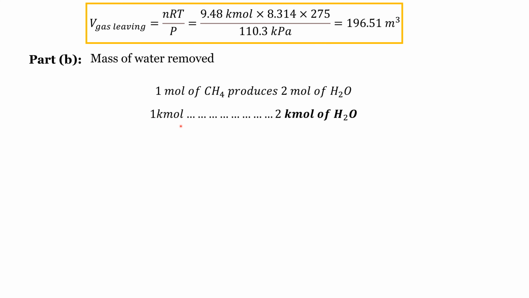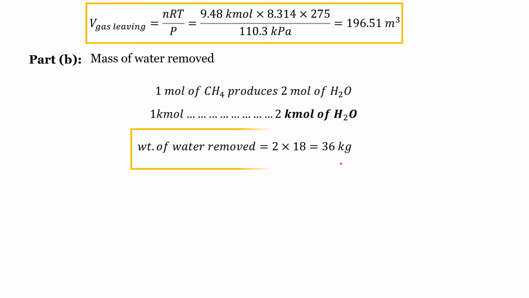So 1 kilomole of CH4 will produce 2 kilomole of H2O. Now we need to find the weight of water removed. We have estimated the moles of H2O produced. By multiplying these moles with the molecular weight of water, we can find the weight of water removed, and it will be equal to 36 kg.